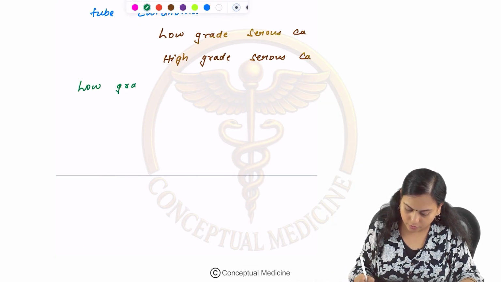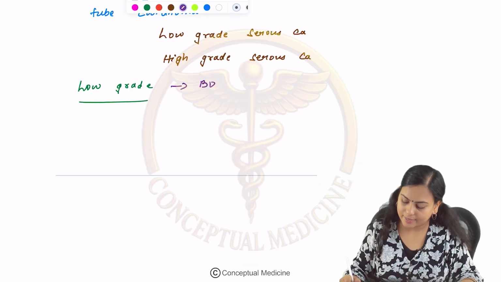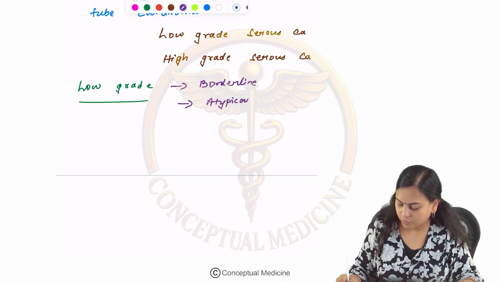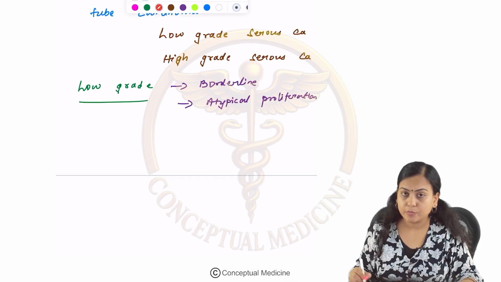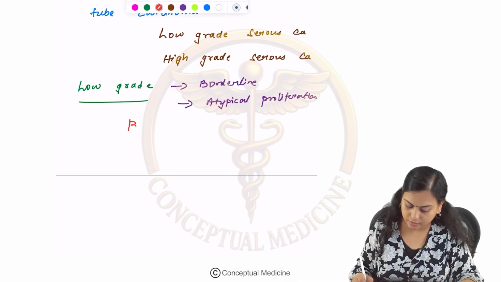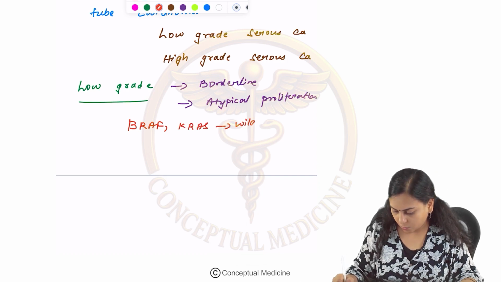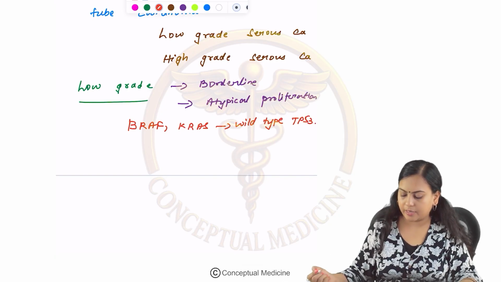Low grade tumors are often associated with borderline or atypical proliferative tumors, and they usually have mutations associated with BRAF and KRAS, and they also contain wild type TP53.